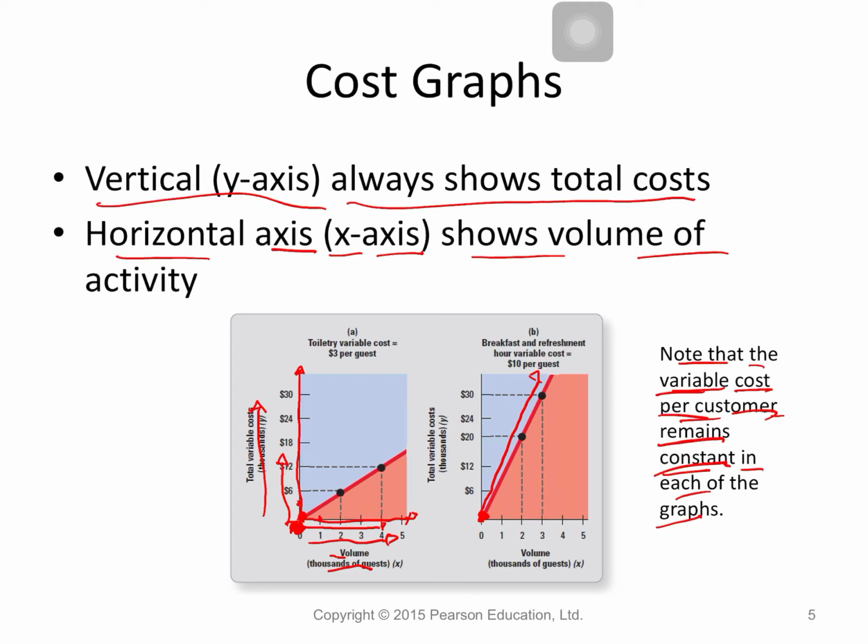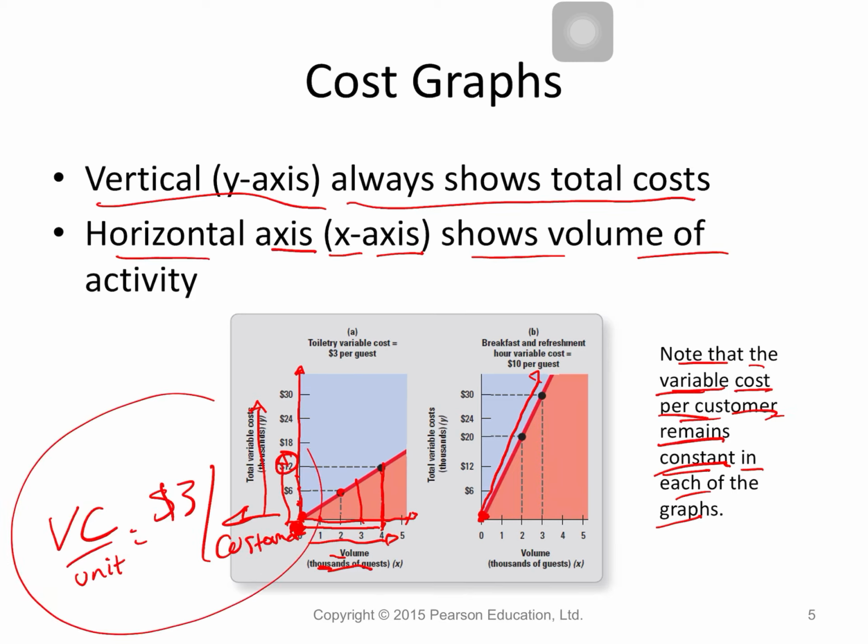If you serve 2 guests, it will be 6. 3 guests will be 9, and 4 guests will be 12. So what is the variable cost per unit? The variable cost per unit is $3 per customer, right? So this is constant.